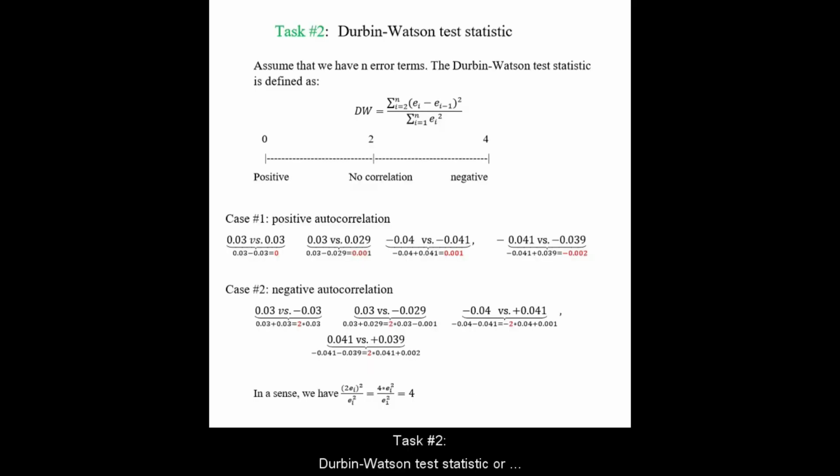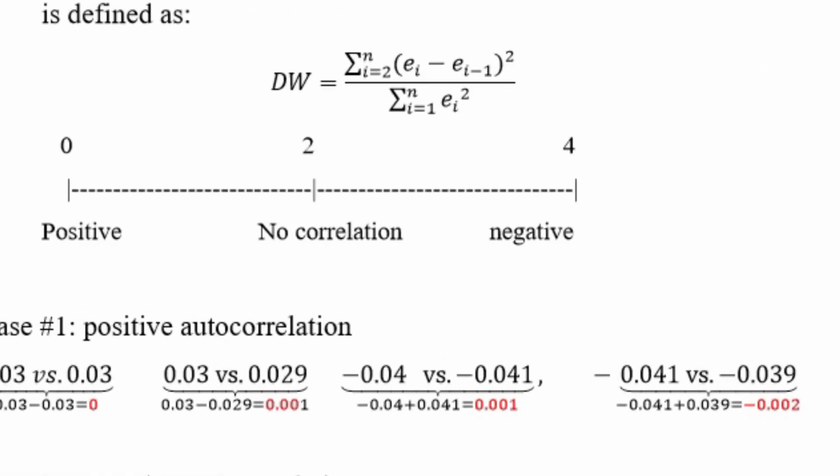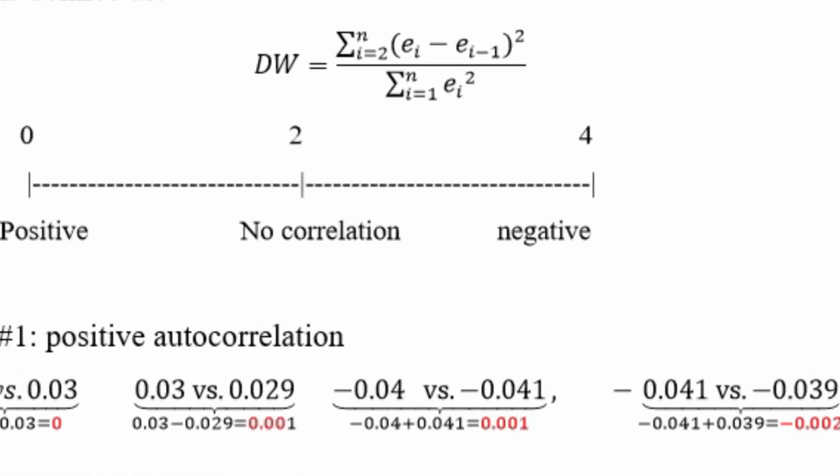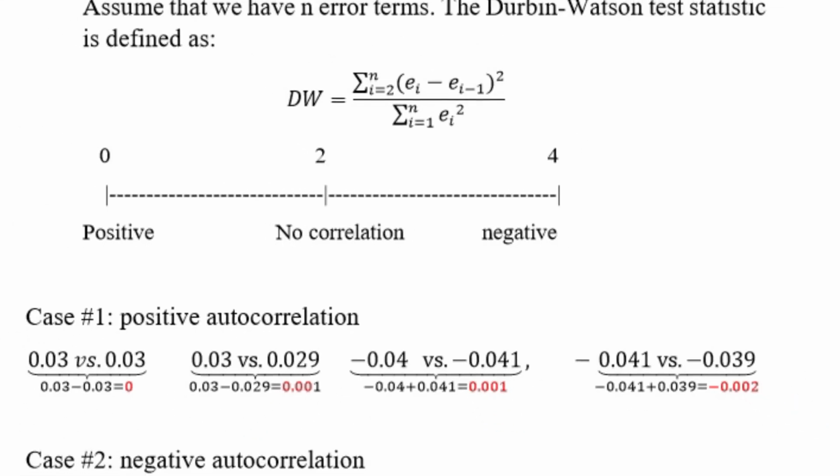Task number 2, the Durbin-Watson test statistic or formula. Assume we have n error terms. The Durbin-Watson test statistic is defined as DW equals the summation of e_i, this is the error term i, minus the previous error term, squared, with i from about 2, divided by the summation of error term squared.